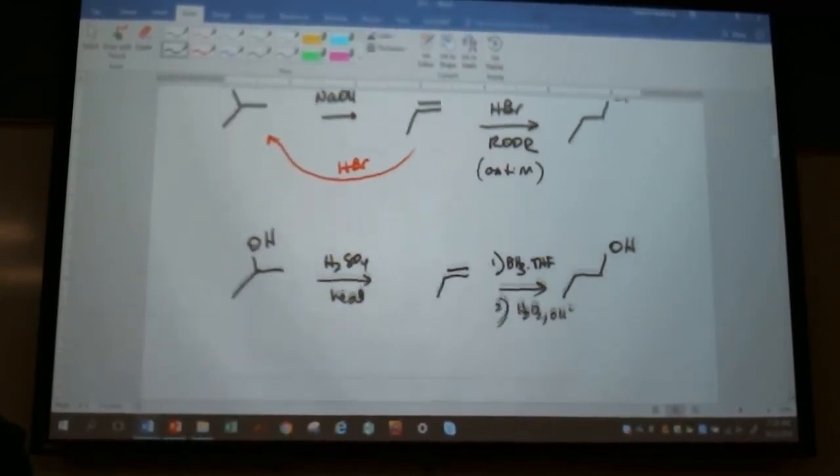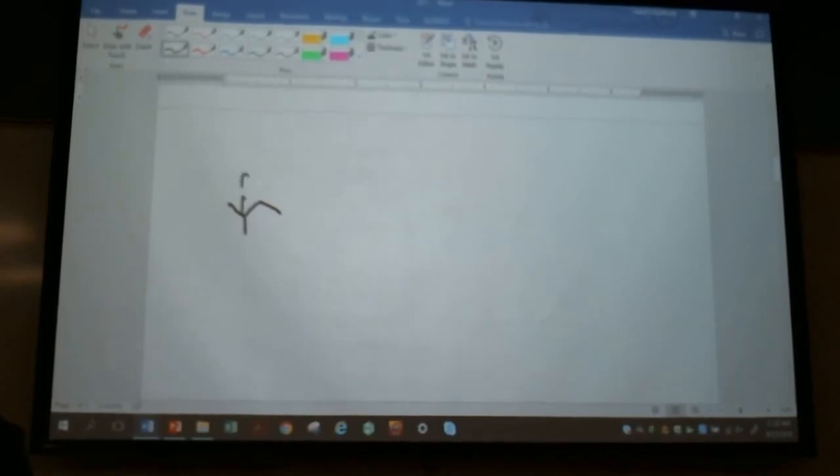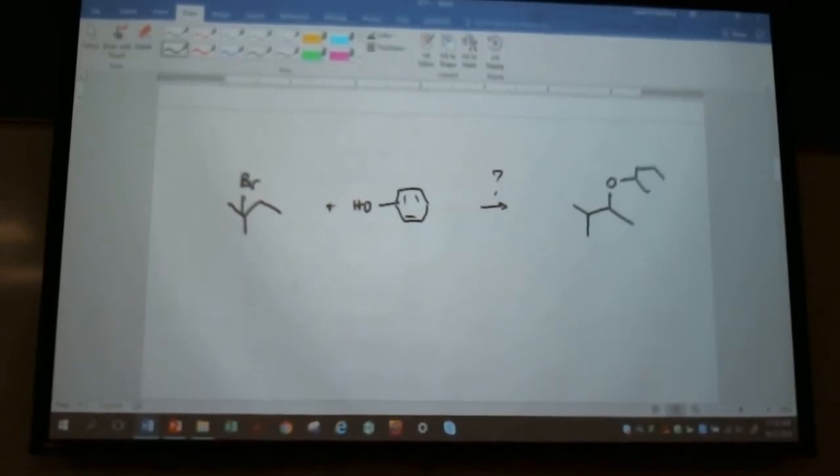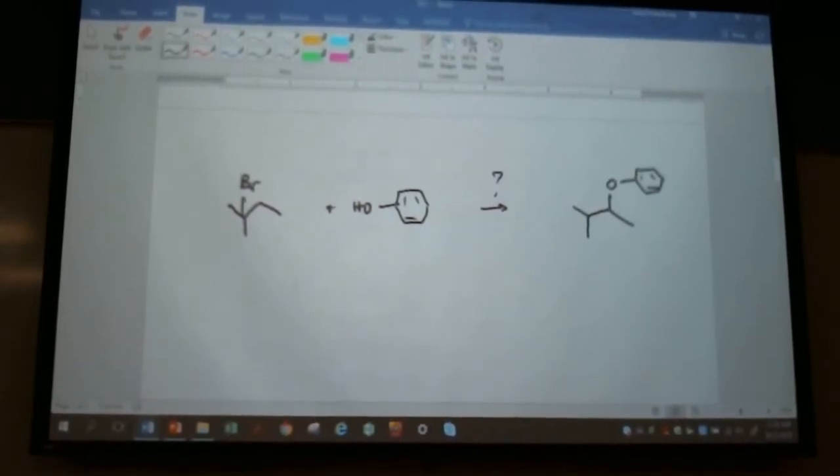Now, if I had the first synthesis problem that you had, and your product is this, and I'm asking, how do I get this?